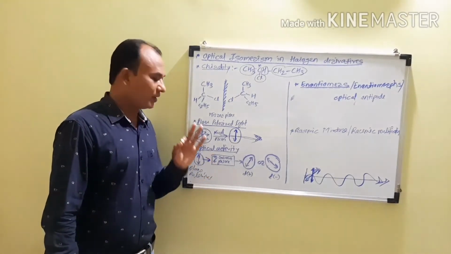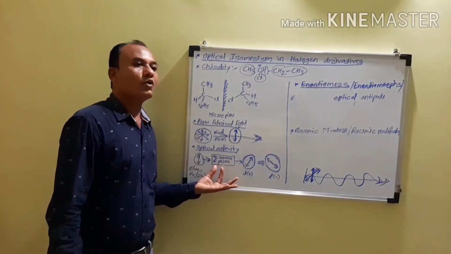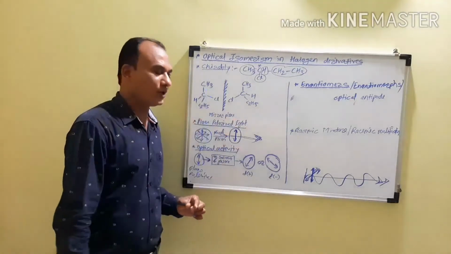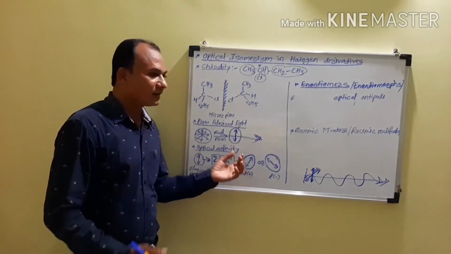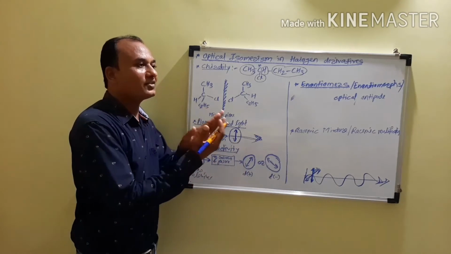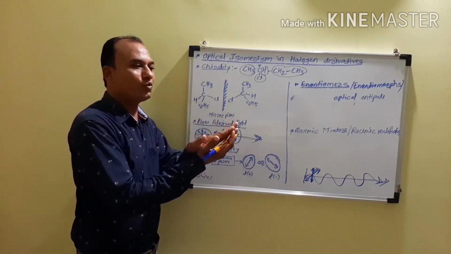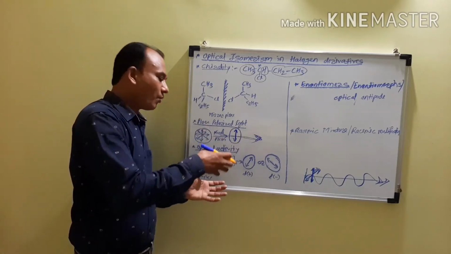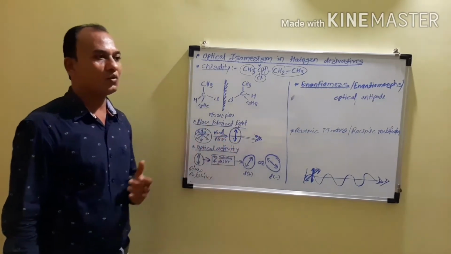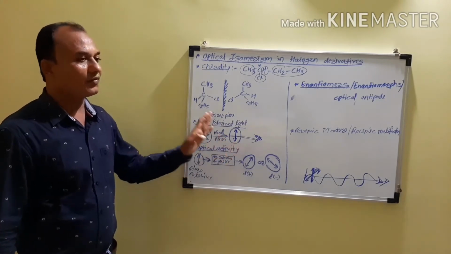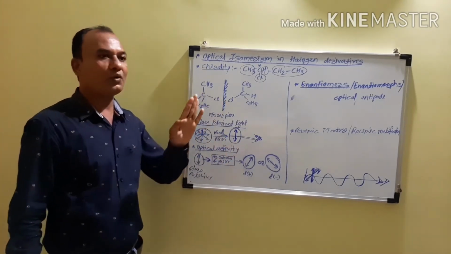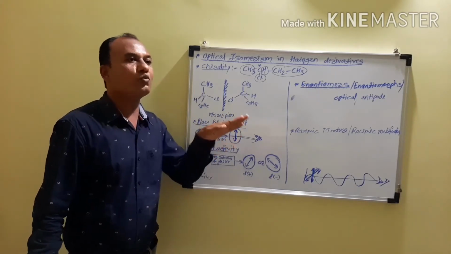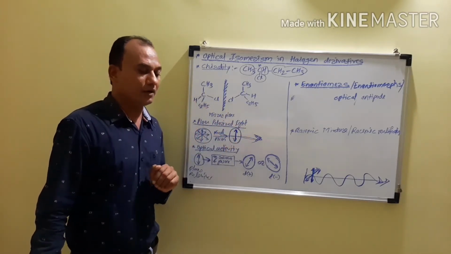And when I am preparing an aqueous solution of the glucose and passing the plane polarized light through it, the emerging light is found to be rotated towards the right or towards the left. Which type of isomer is present in that glucose determines whether there will be a rotation of the plane polarized light towards the right or towards the left.